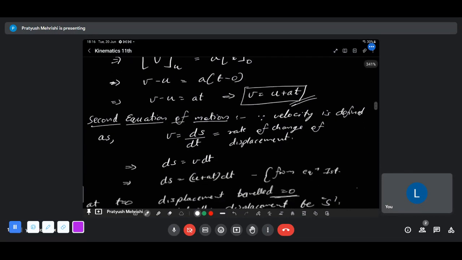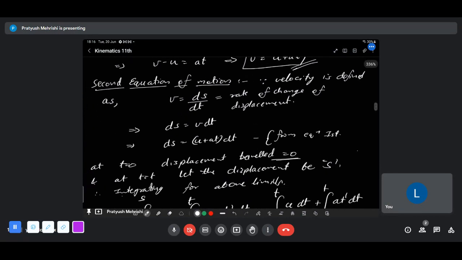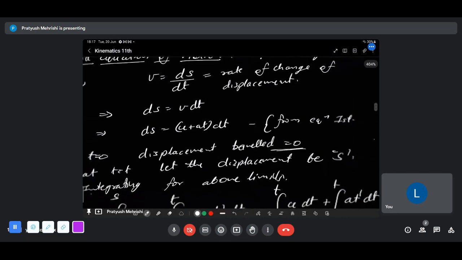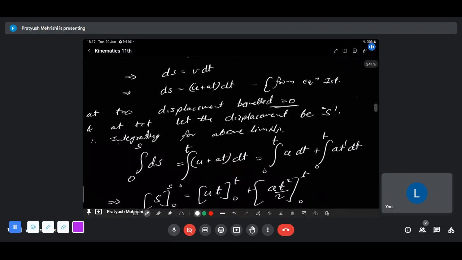Got it now? For the second equation of motion, we use again v equals ds by dt, the definition of velocity. From here, ds equals v dt, or s equals integration of v dt. Instead of v, using the first equation of motion, we substitute v equals u plus at, and then we integrate for the required limits.